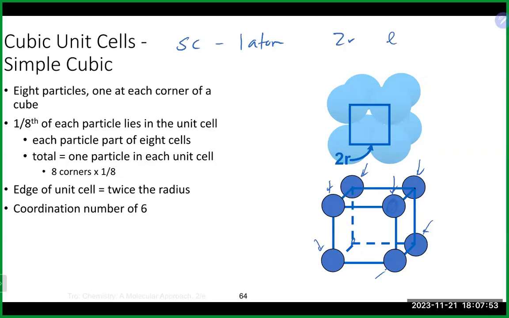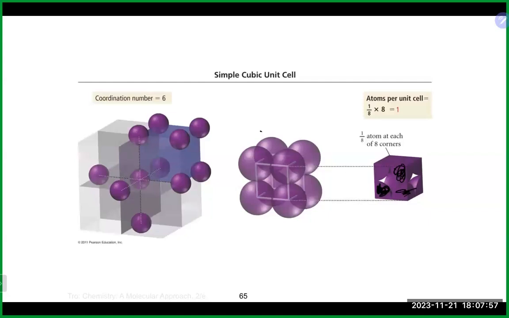It has, again, a coordination number of 6, as you could kind of see maybe better here as we web it out. We do have this sort of eighth of a guy in each of those corners. And again, some interactions happening around there to give us our coordination number. So for simple cubic, you need to know that it has 1 total atom.